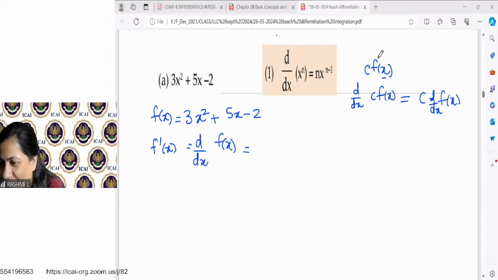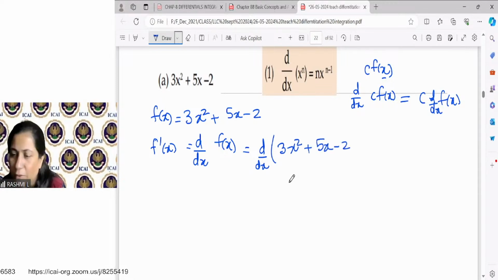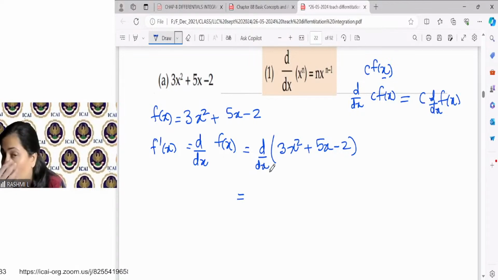Oh, Devendra has already answered. Very good. So this will become d/dx. First sum I will write each and every step so that you know how to do it. So if you have forgotten something, then also you'll remember. Now what will this be? You will be using the rule for addition.